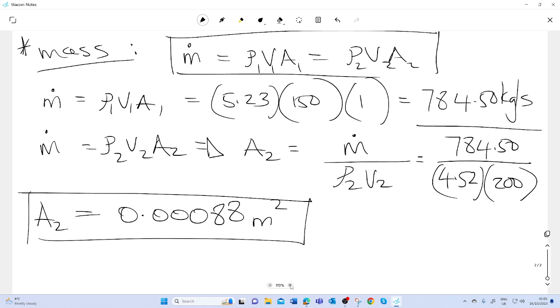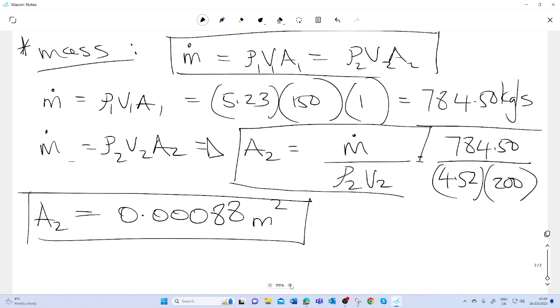To find the exit area of the nozzle, we can use the formula again. Then we have A2 equals m dot over rho 2 V2, and this gives us 784.50 over 5.52 times 200.